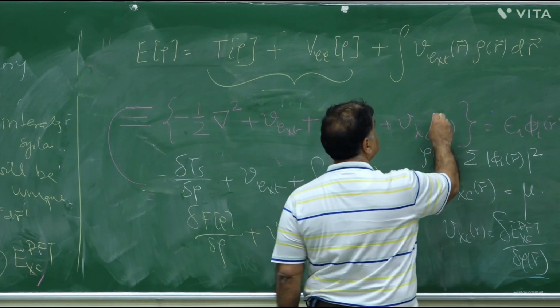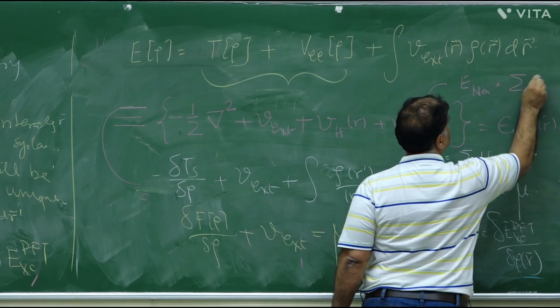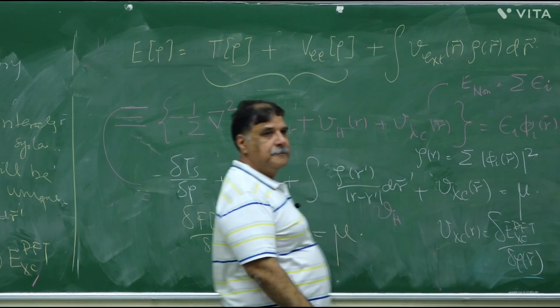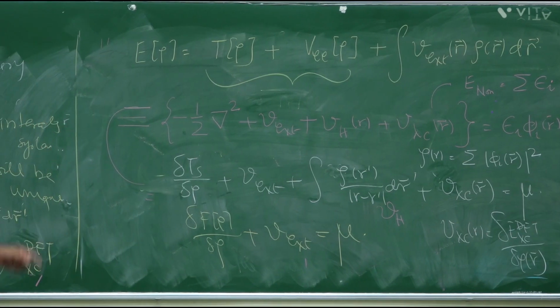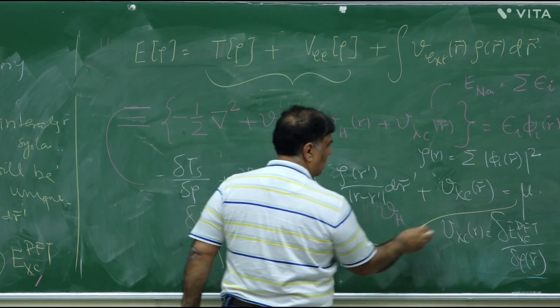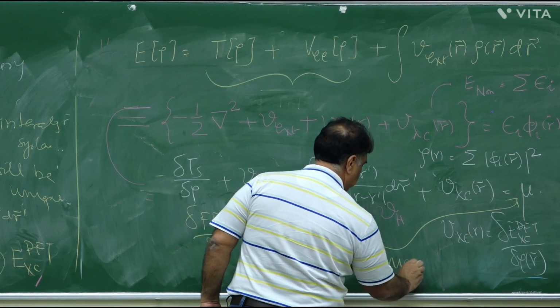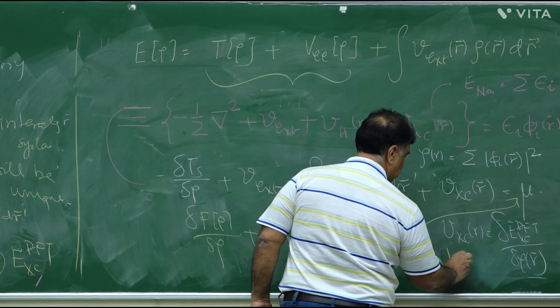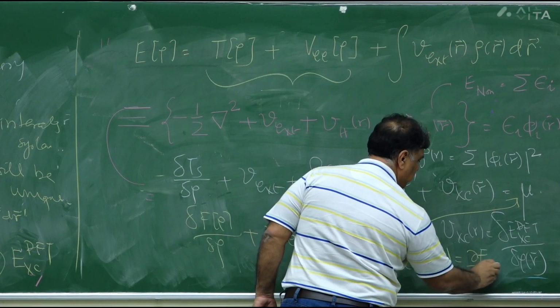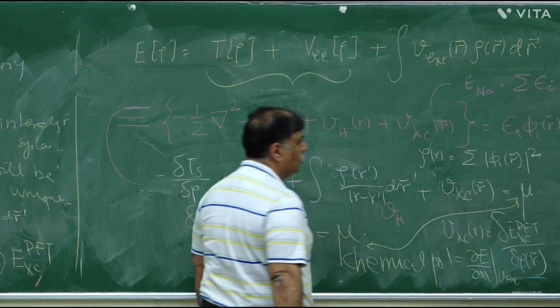Here, if I just look at this non-interacting system, the energy for non-interacting will be the summation of epsilon_i, right? And I'm going to relate in the next lecture epsilon_i max to mu. Just to keep you prepared, this mu is the same by construction, and this is the chemical potential, which is nothing but dE/dN at fixed V external.